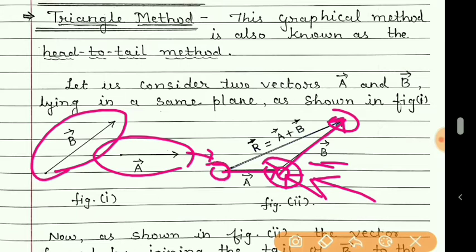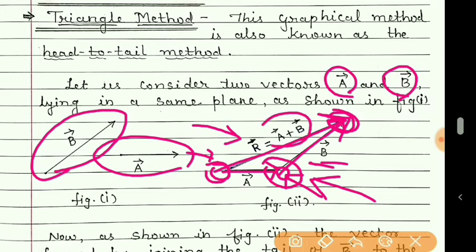Now only one tail is there and one head is there. So by joining this tail and head, we will get the result of the addition of vector A and vector B. Here it is denoted by vector R, which is nothing but addition of these both vectors A and B.